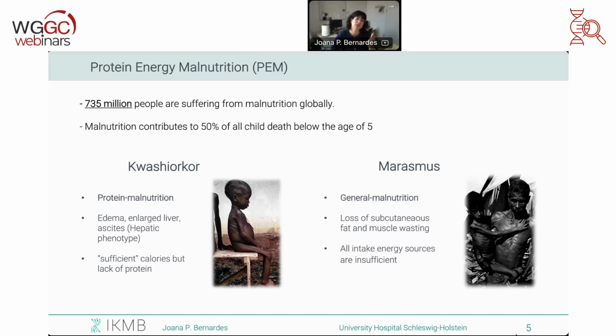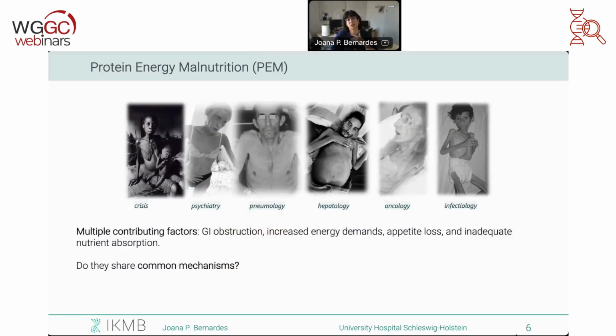And you could see malnutrition not only in people that have scarcity of food and in crisis regions, but you can also see malnutrition, for example, at the psychiatric level, anorexia and bulimia. This is such as COPD, etc. So you also have this kind of like with people that have late stage cancer, you also find this kind of incidence of protein energy malnutrition. And there's multiple contributing factors.